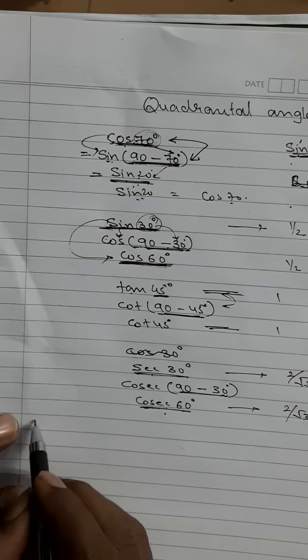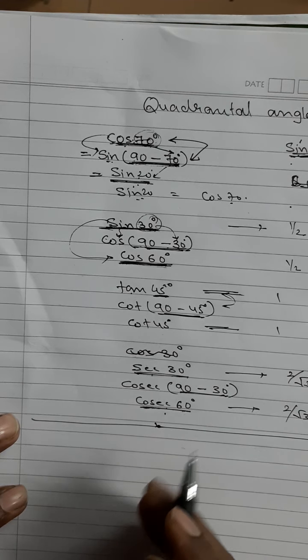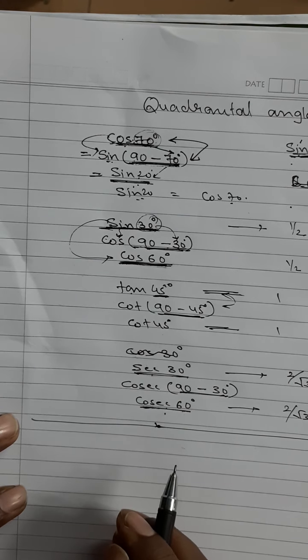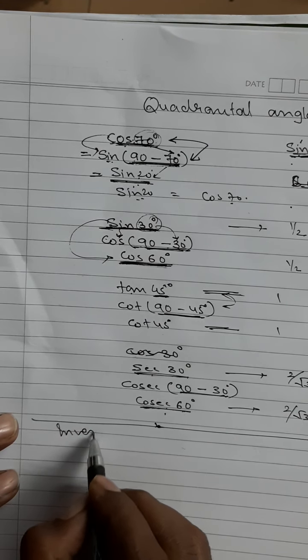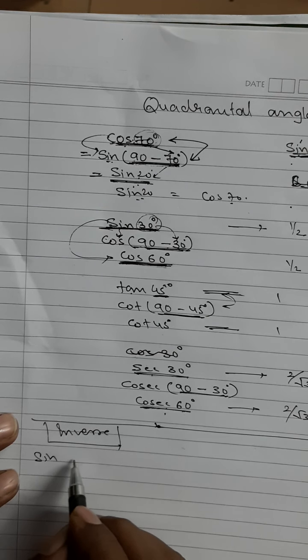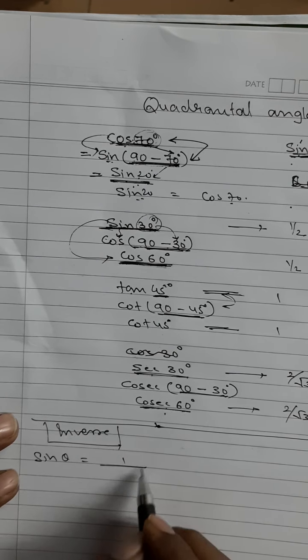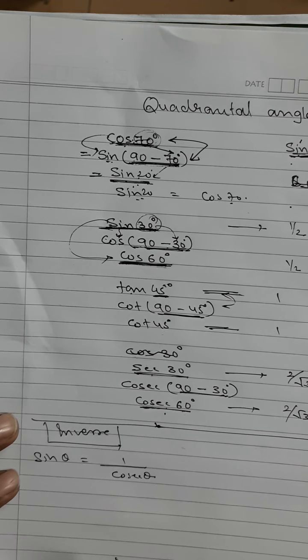Okay, this is how. Now the only thing is, my dear students, you have to be very precise. You have to really separate all the formulas and understand them. See, when it is going to be inverse formulas, then sine is always inverse of cosec theta, and cosec is inverse of sin theta.